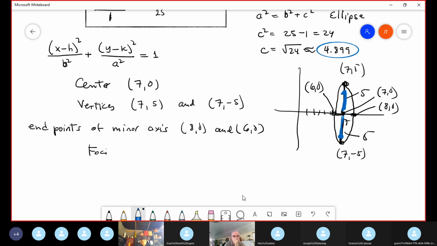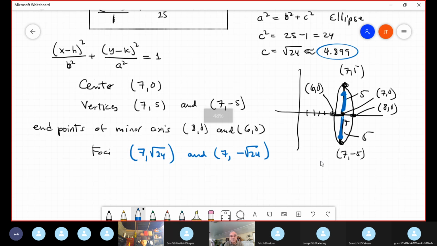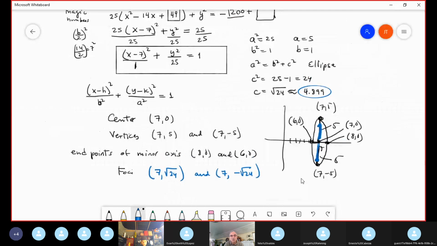It's located at the point (7, radical 24), or whatever you want, expressed in decimal, and (7, negative radical 24), which is exactly the same number, negative. Guys, just in case, we are doing an analysis, but I want to do the graph in decimals as verification. Everything we are doing is perfect.